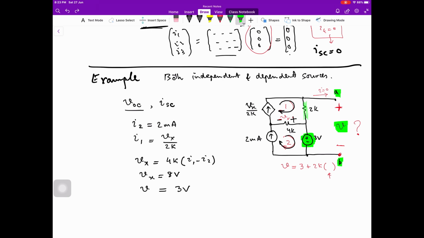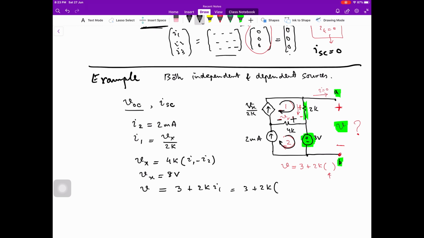If I consider this polarity of the voltage across this, this is due to the current I1 flowing through this. So this is 3 volt plus 2K I1.